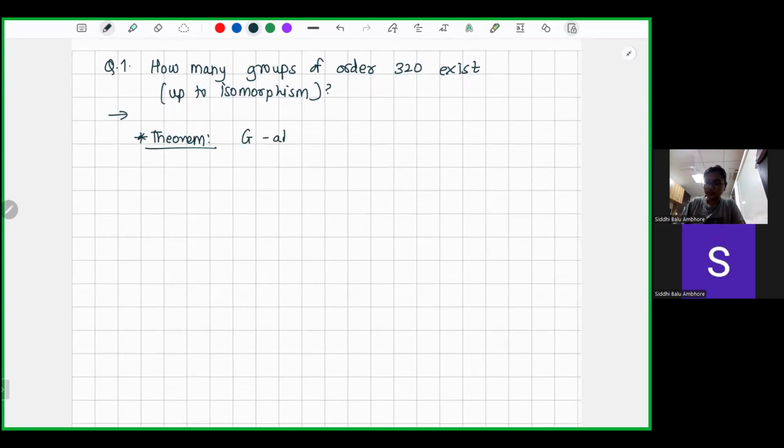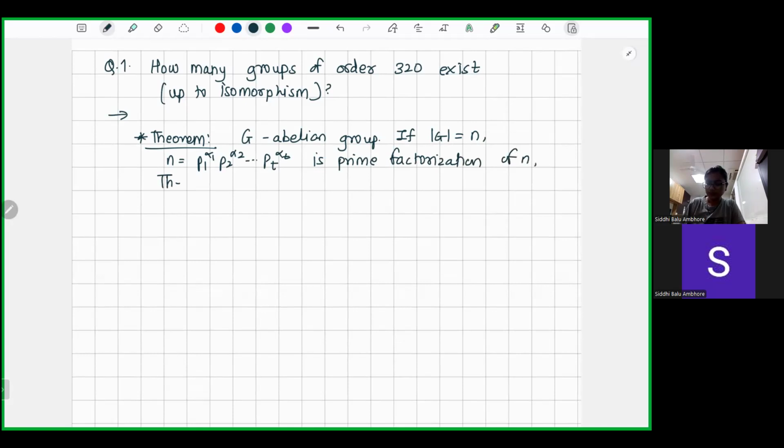So G is an abelian group, and if the order of G is n, and n is equal to p1 power alpha 1, p2 power alpha 2, up to pt power alpha t, the prime factorization of n, then we have these things.